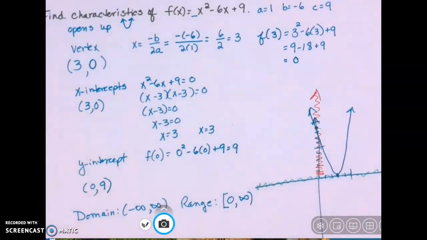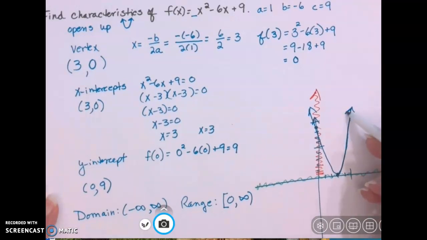The other question that we want to answer for this particular function is, where is it increasing and decreasing? So increasing is from this point going up. If you were thinking about whether you're going uphill or downhill, it's going uphill.